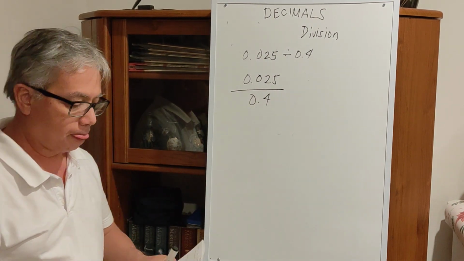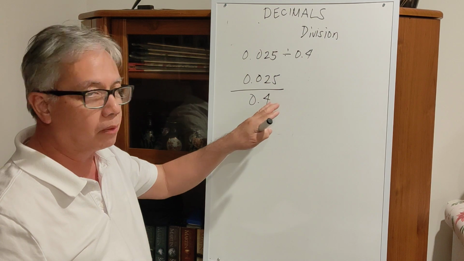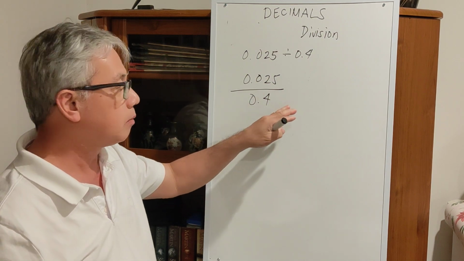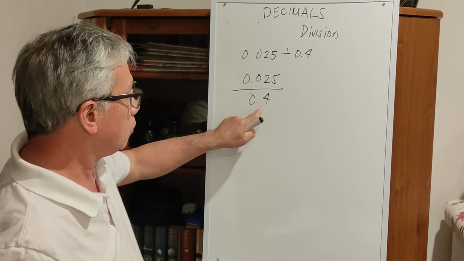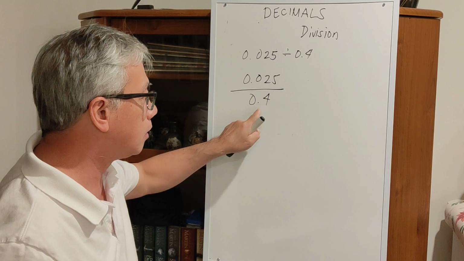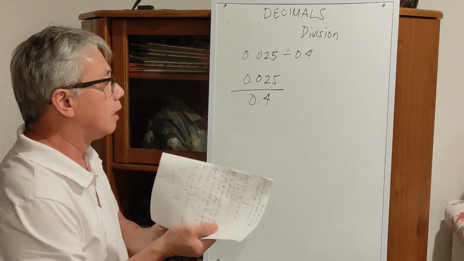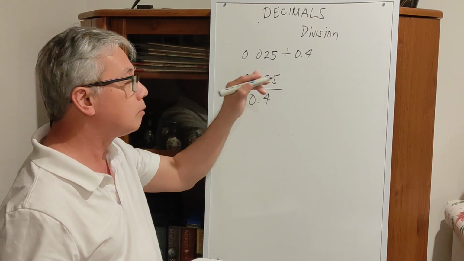Now this is also a division, the bar, but you can see the divisor here is not a whole number. To make it a whole number, we multiply it by 10, 100, or 1000, or whatever number we need. For this to become a whole number, we have to multiply it by 10, because it's one decimal place. If you multiply the bottom by 10, you have to multiply the numerator as well by 10.